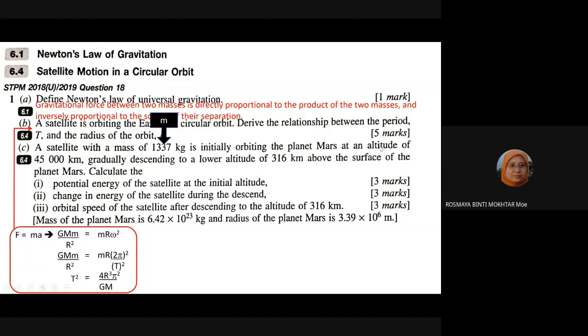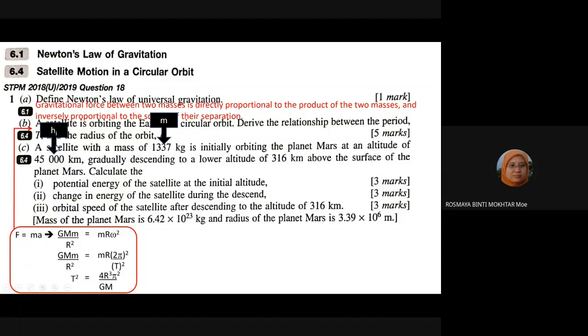From the surface of the planet Mars, not from the center. So must be very careful. Altitude of 45,000 kilometers, gradually descending to a lower altitude of 316 kilometers above the surface of the planet Mars. Calculate the potential energy of the satellite at the initial altitude. 3 marks.